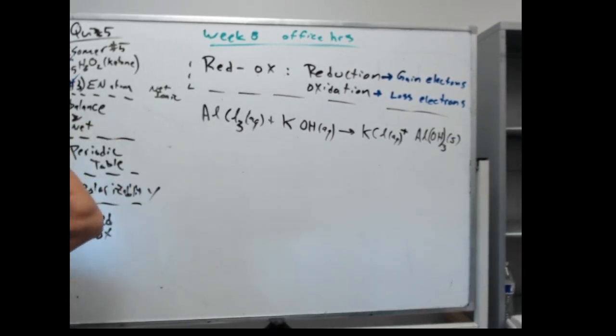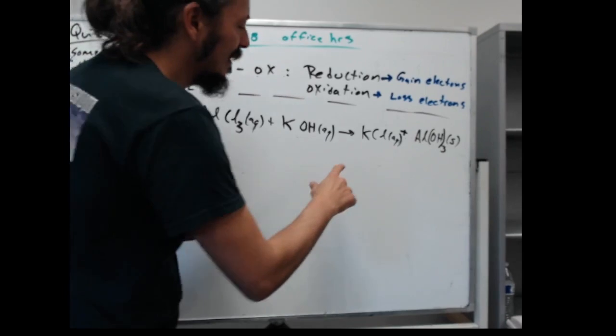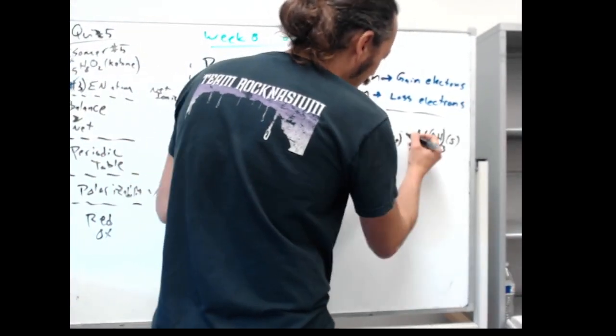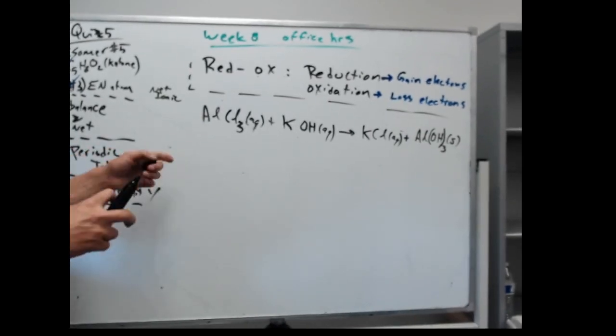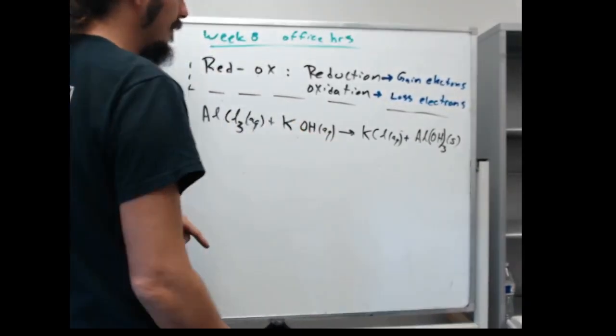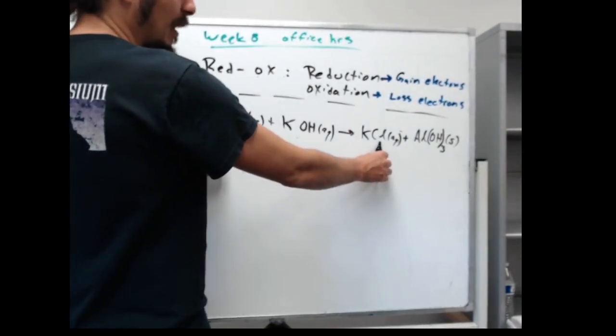So we can go ahead and now start to balance this chemical equation. This plus, I didn't have enough space and I can't figure out the best place to put it there. Okay. 1 aluminum, that looks great. 1 potassium, that looks great. 1 chloride, 3 chlorides.